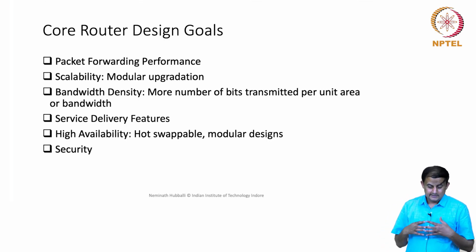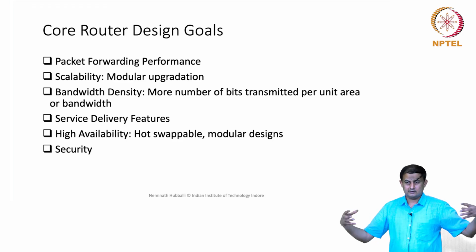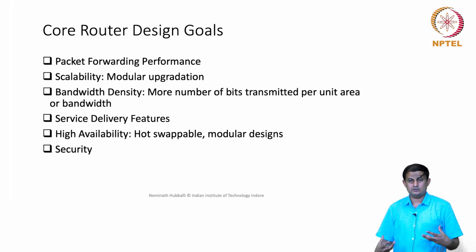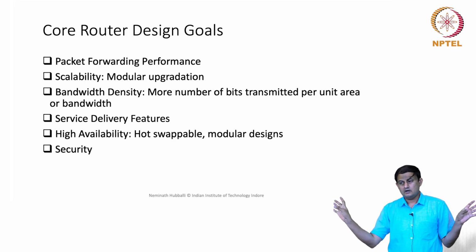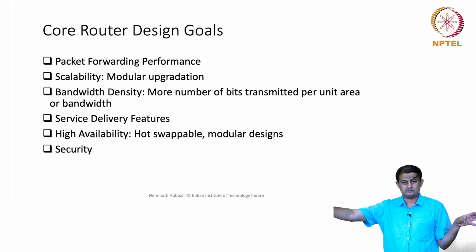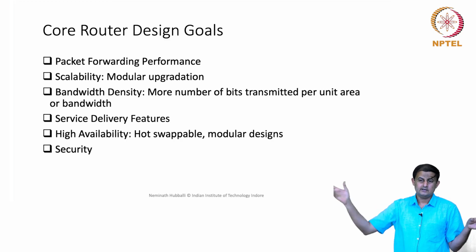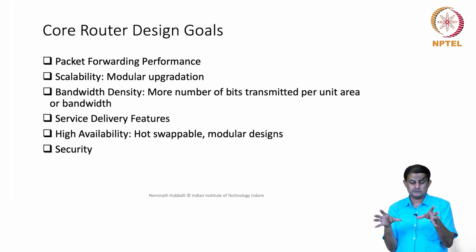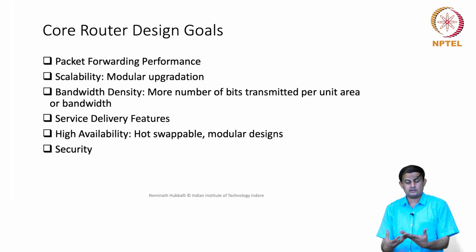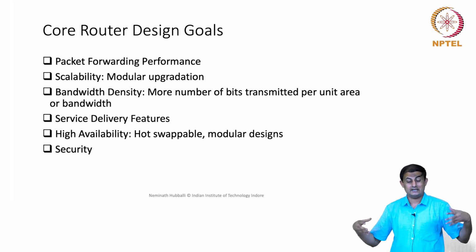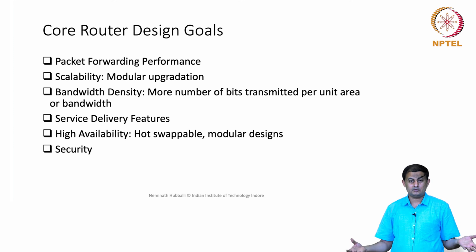And then these routers, think of the situation. I am talking about a router connecting the internet service provider networks of several nations. Maybe one link from India and another link from the USA are coming and terminating at a point. And the router which interconnects these two links needs to be highly available, meaning that 24/7, 365 days it has to run.